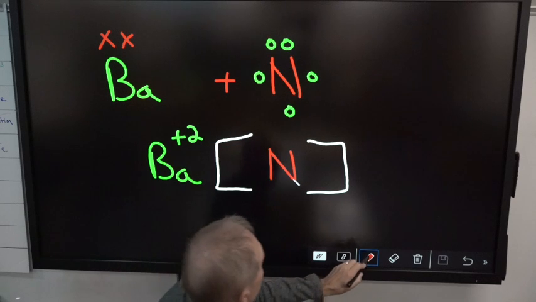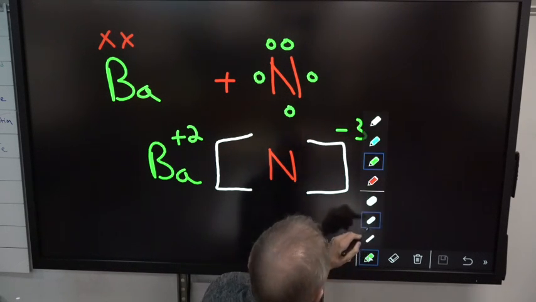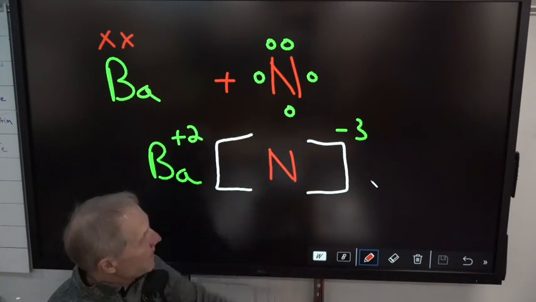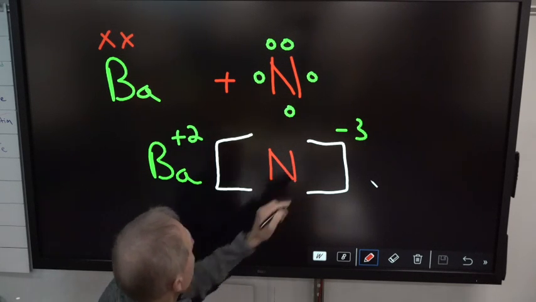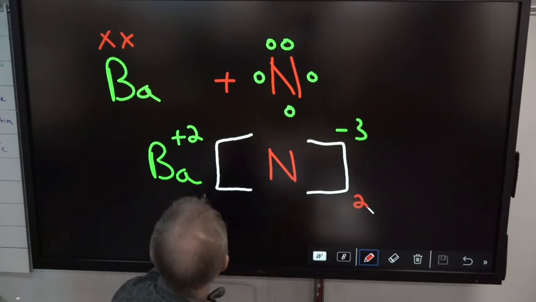N's oxidation state is -3. That's a +2 and a -3, which doesn't equal 0, so crisscross and drop the sign. The 2 goes here, and the 3 goes here.